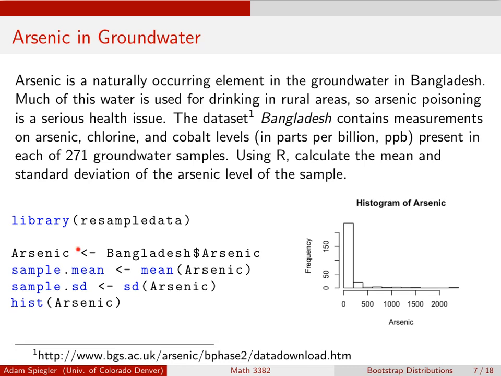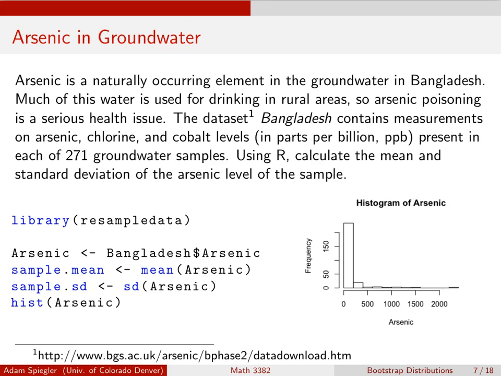Over here, the first line below, I've created a new variable, arsenic, which stores all of the arsenic data from Bangladesh. We're going to ignore chlorine and cobalt and other variables in that data set. Then we calculate the mean arsenic level and the standard deviation of the arsenic level, and I created a histogram of those values.